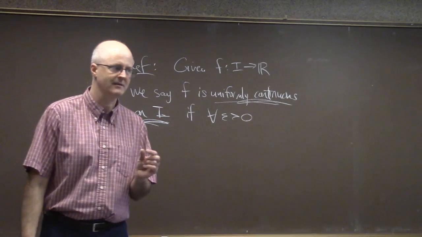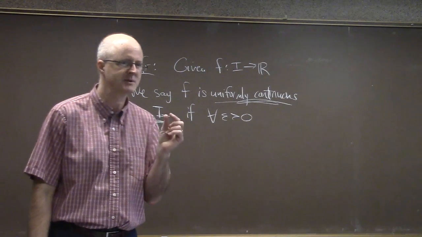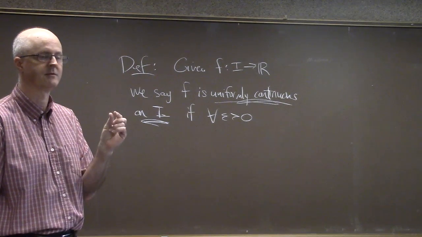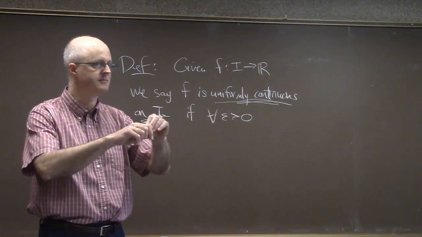You can find a delta to make the function outputs within epsilon of each other as long as the inputs are within delta of each other. And that delta works over the entire interval.